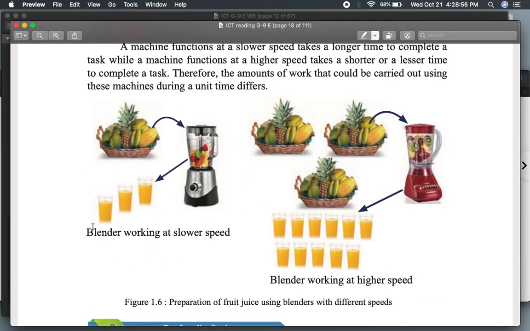There is one blender which can take a basket of fruit and give out 3 fruit drinks, and it is noted as a blender working at slower speed.